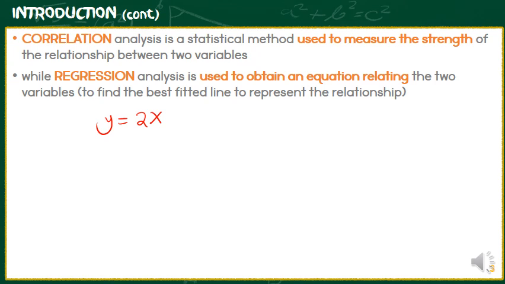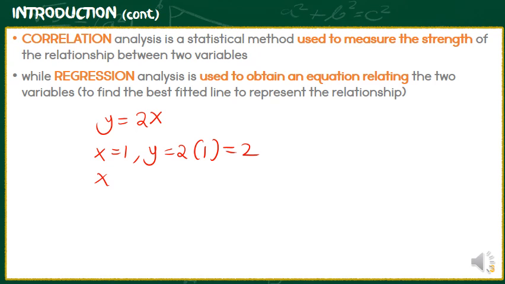Y ni level of nicotine. X ini number of cigarette smoke. Dia ada relationship dia macam ni. Kalau hisap rokok tu sebatang, level of nicotine 2.